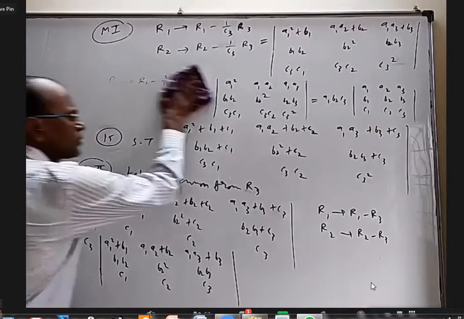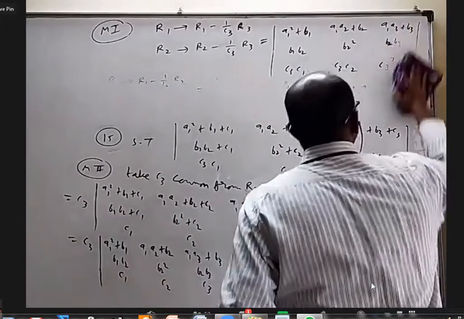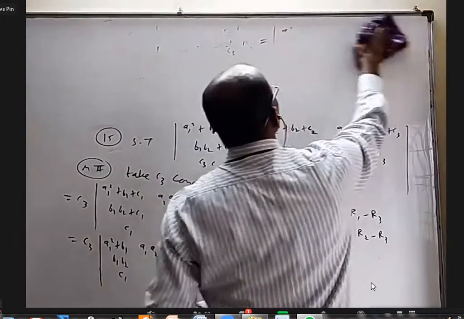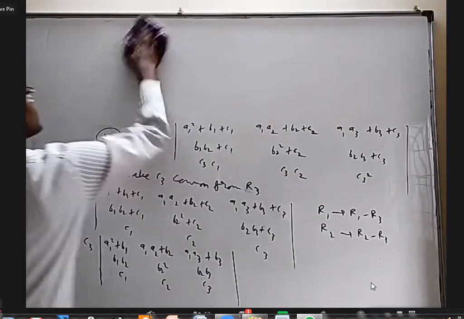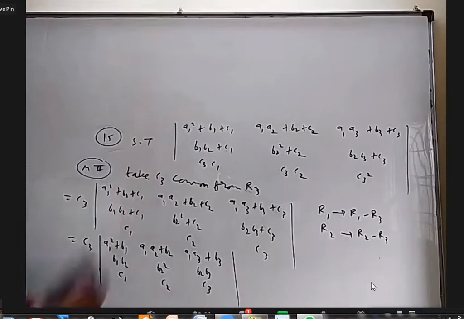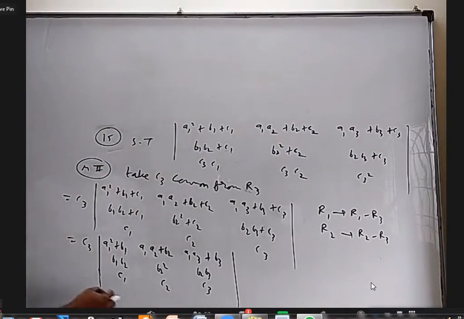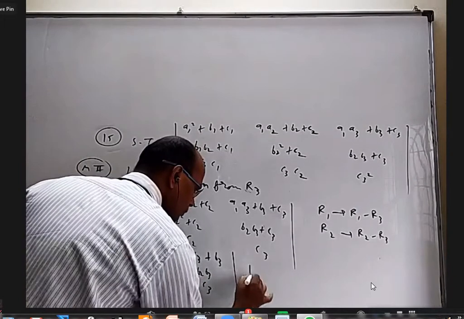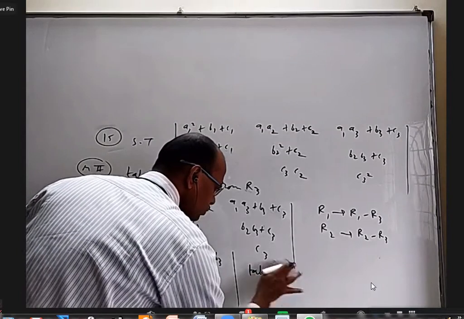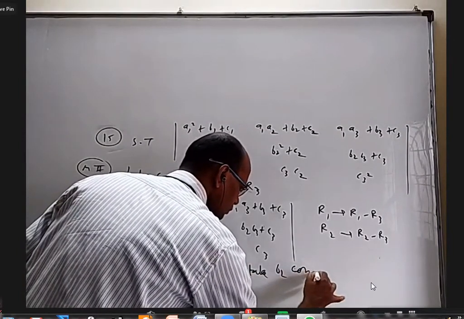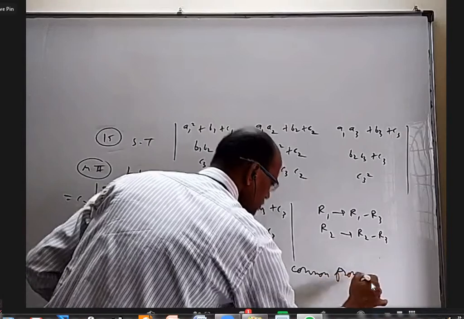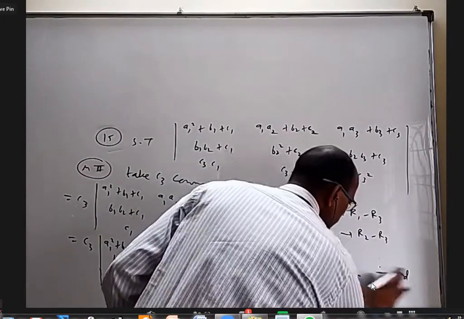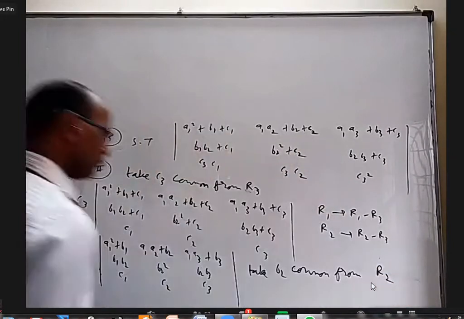Okay, this upper part I am removing. Now I have to take B2 common from the second row, R2.